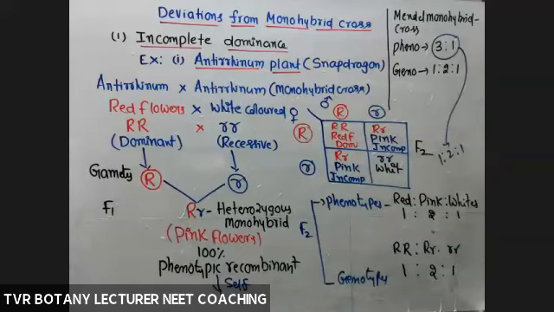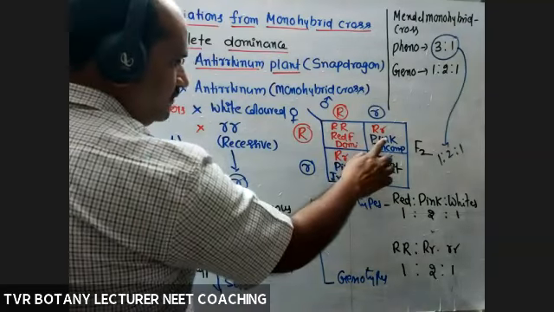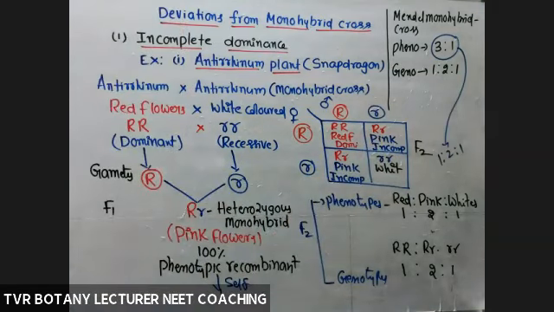So 3:1 changed into 1:2:1. Reason: appearance of pink. How many in pink? 1, 2. 2 by 4, 50%. 1 by 2. 50% with pink in F2.